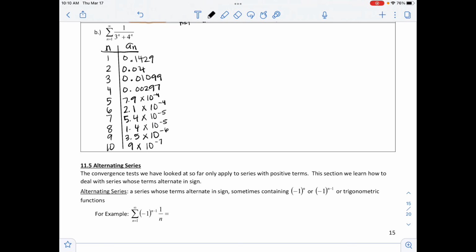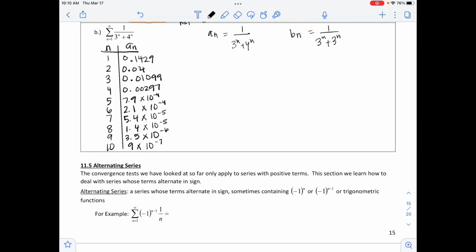So now we're going to compare it to another function. I'm going to go ahead and look at a sub n, which is equal to 1 over 3 to the n plus 4 to the n. And so I'm going to think about this instead of, and letting b sub n equal 1 over 3 to the n plus 3 to the nth.